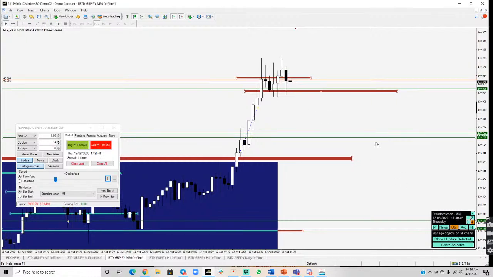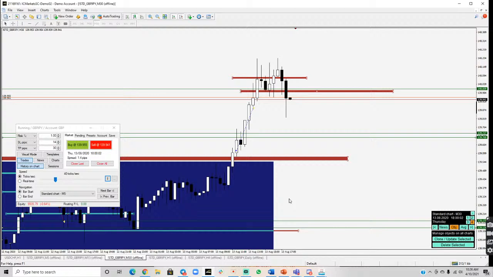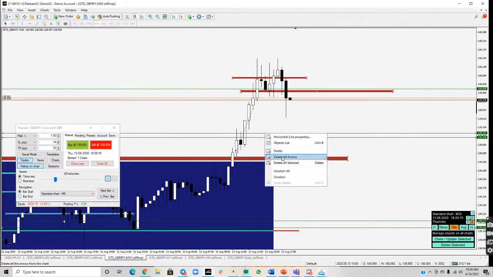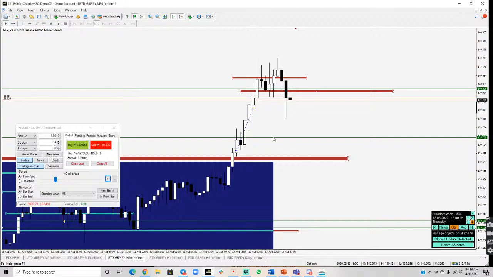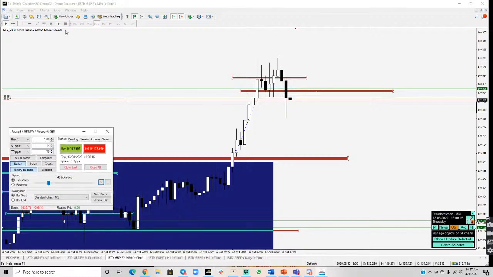Yes, so fake out, close back in the range. All right, so seeing that price breaks and closes below support, what this means is that we can push back down to this level.